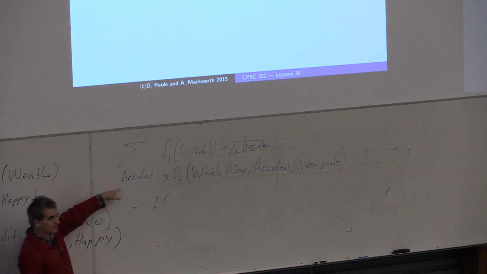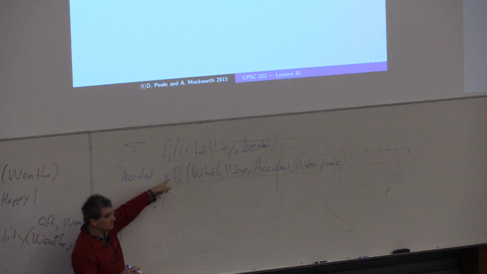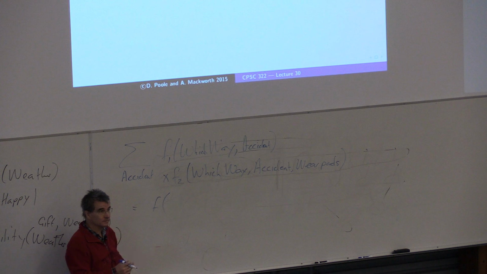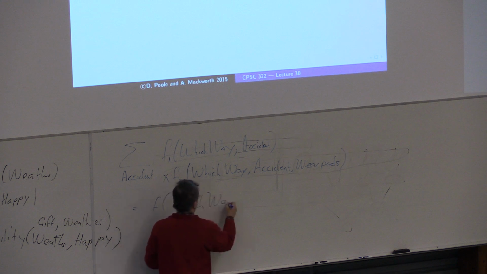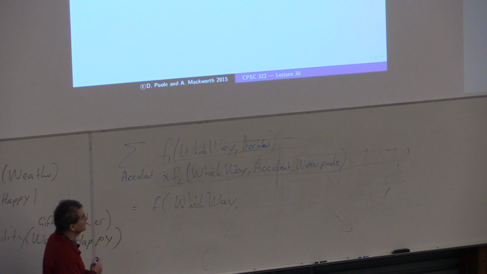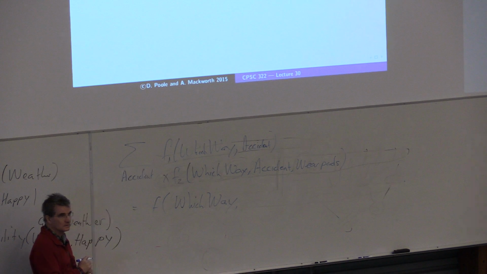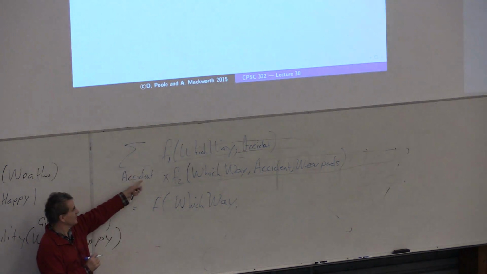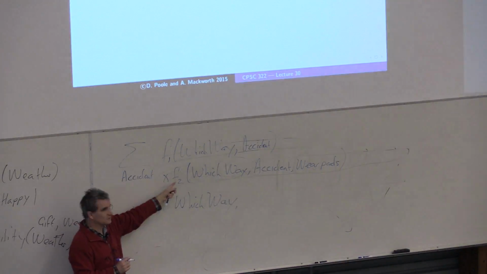So what's the result a factor on? Which way? And what else? We did this lots. Multiplying these two together and summing out accident, what's it a factor on?